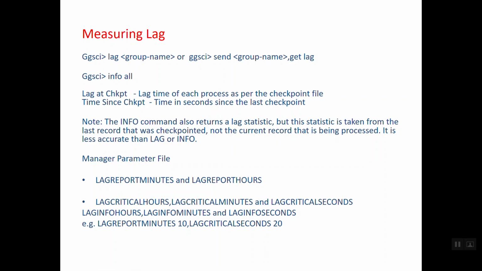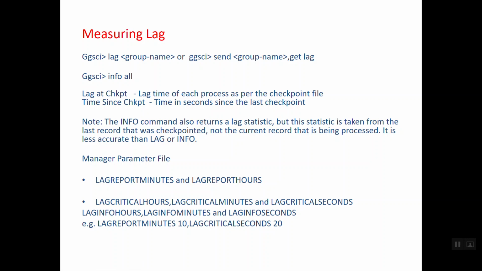Just assume a pump is reading the trail file and is not able to commit. The pump will keep showing this time since checkpoint increasing because it's not able to commit, so the position is not going to the checkpoint file either. These would be rare scenarios, but they can occur. You don't need to worry or take immediate action, but we have to analyze in depth.